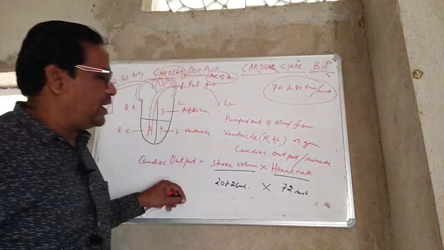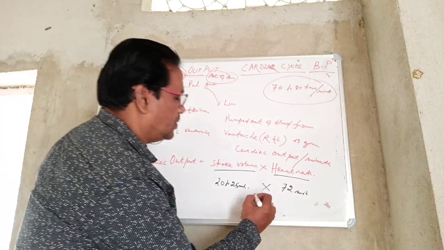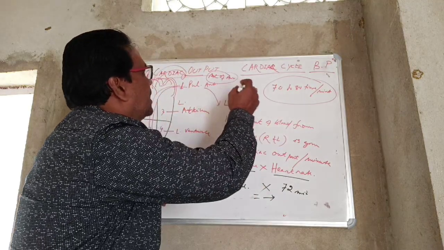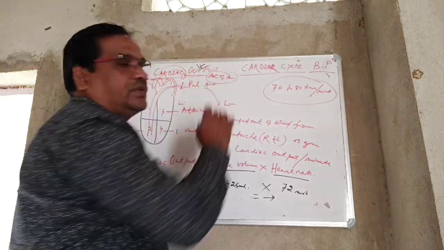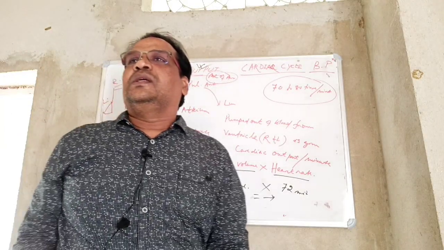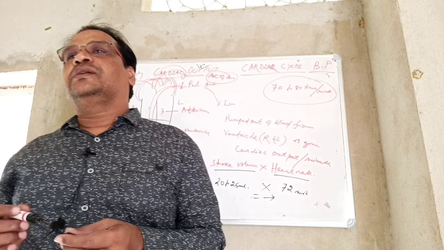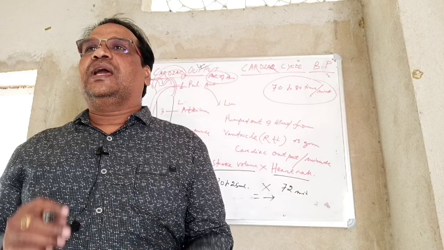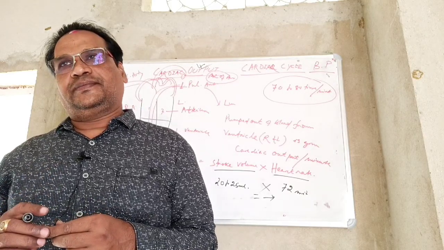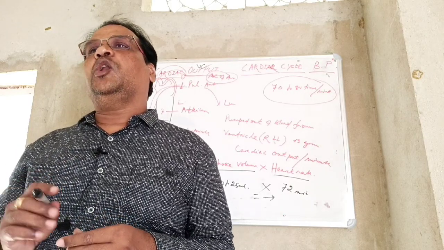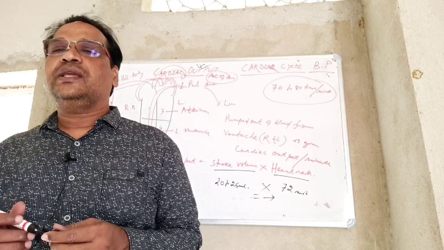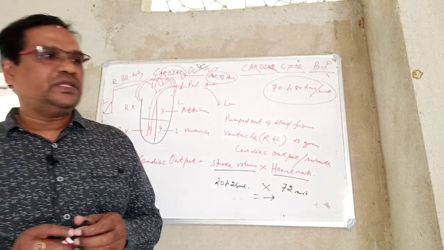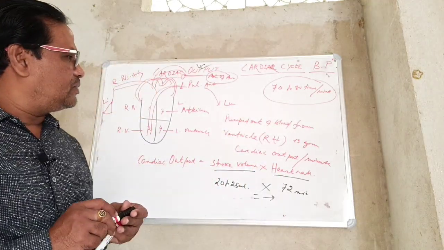That will be multiplied by 25, and we will get the cardiac output. If the heart rate increases, cardiac output increases. Also, if stroke volume increases, cardiac output will increase. So this is all about cardiac output.